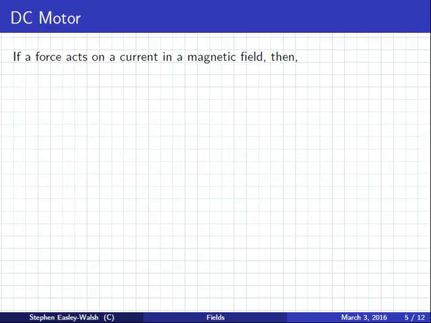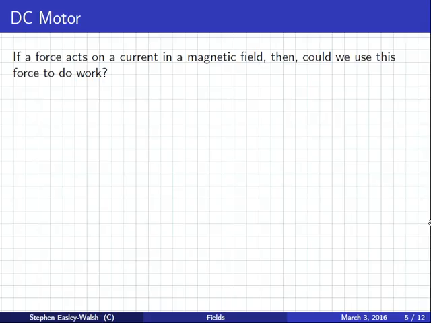If a force acts on a current in a magnetic field, then could we use this force to do work? So you have your current and you have your magnetic field and they're perpendicular and there will be a force acting on the current. Could we use this force to do some work?